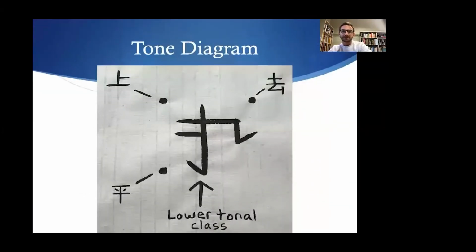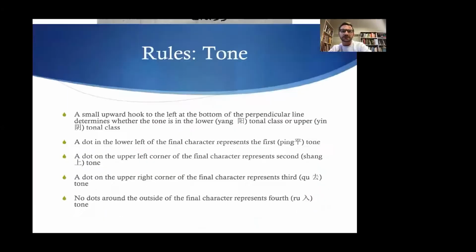I'll get into this in more detail in the next slide, but this is just an example of how the tones work. They're split by upper and lower tone class, depending on whether you have that little notch. And then you have different dots in different areas to distinguish further which tone. So I'll just explain.